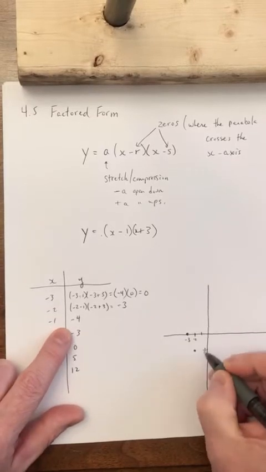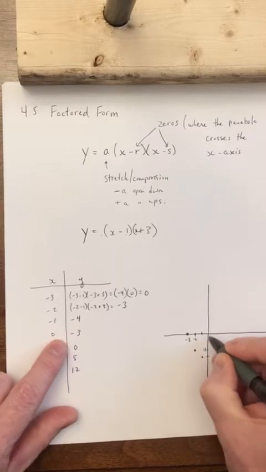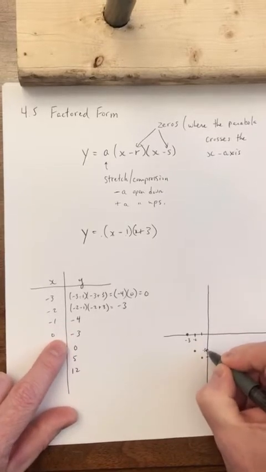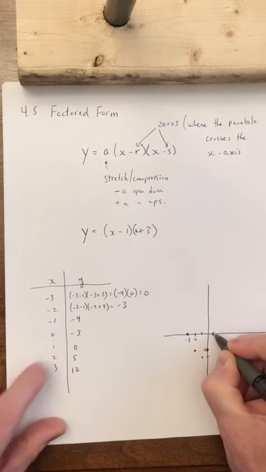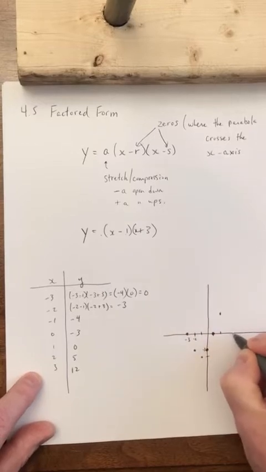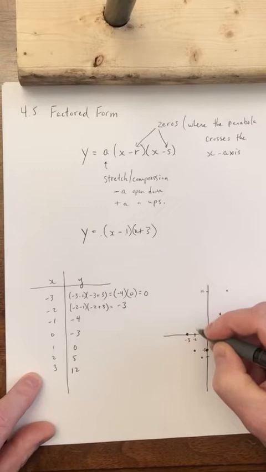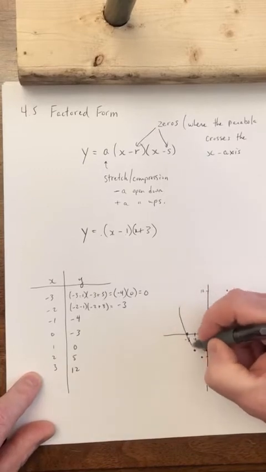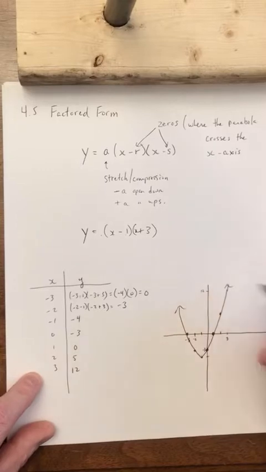We have negative 1 and negative 4. 0, negative 3. 1, 0. 2, 5, 3, 12, not to scale, and we end up with a parabola that looks like this.